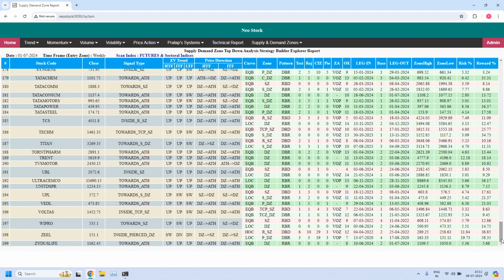So this is the complete list. So this is about weekly supply demand zones.